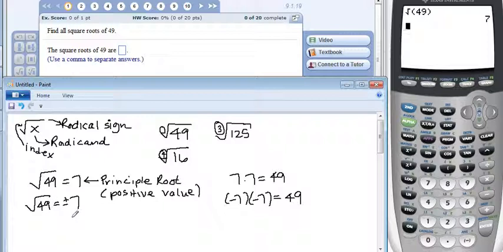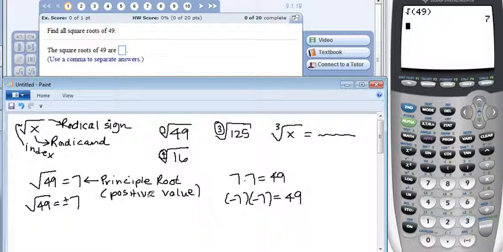Now when we do evaluations, this is just saying evaluate this radical, then we usually just do the positive value, the principal root. But if I set something equal to something else, like the cube root of x is equal to blah, blah, blah, then I want to take both the positive and the negatives. I want to look at both values when I solve.